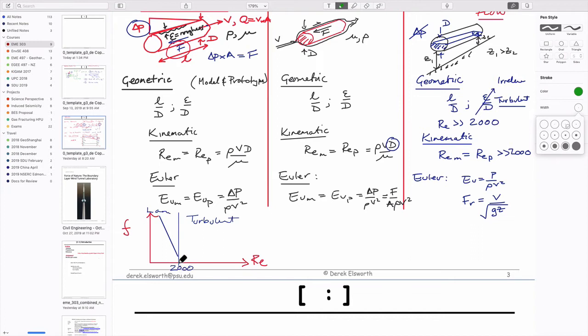And in the turbulent regime, then the lines look something like this. And we'll see this many, many times. These lines are each for a different roughness, which we call epsilon over D. And so this is for a big roughness. This is for a tiny roughness at the bottom. But they allow us to be able to characterize exactly what the friction factor is that we want to use.